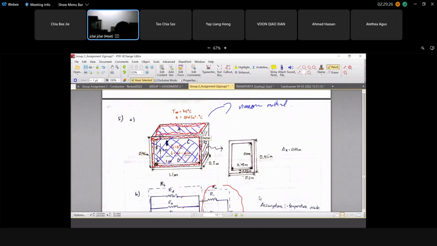You can say for convection, the whole outer surface is assumed to be involved in convection. But for conduction, only the blue area is involved in conduction. Do you get what I mean? Yep, total, understand. So your assumption plays a very important role. State clearly your assumption.